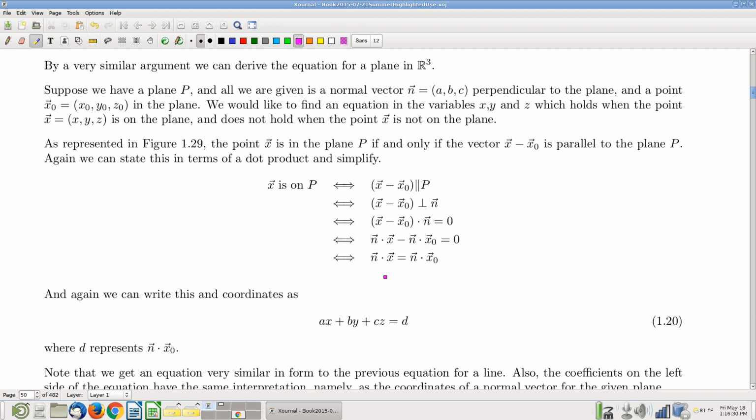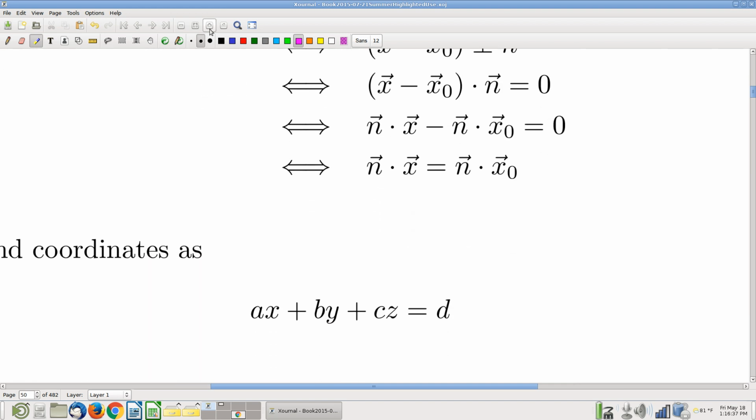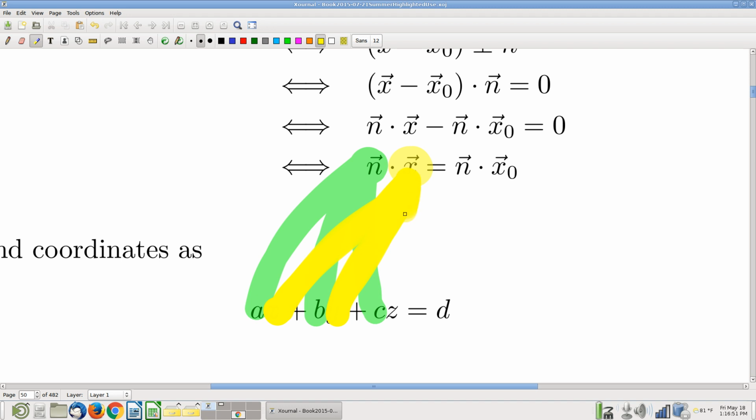The only difference here is that now your normal vector, n, has 3 coordinates, a, b, c. Right? The point that you're testing, x, has 3 coordinates, x, y, z, and so the dot product now has 3 terms. So you get ax plus by plus cz equals d, but structurally it's not that different from the equation for a line.